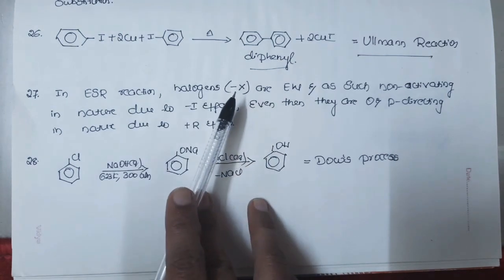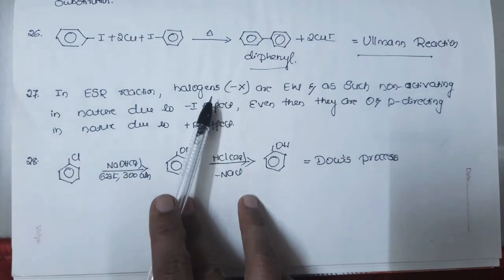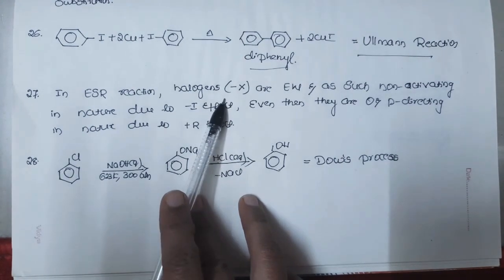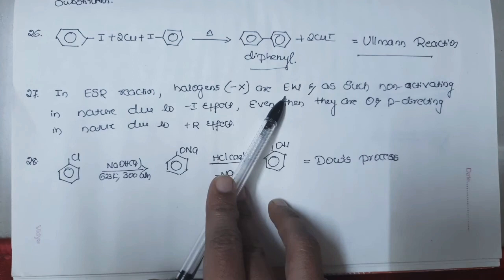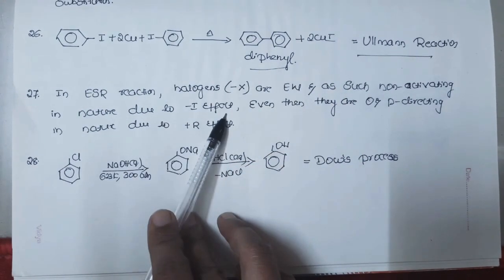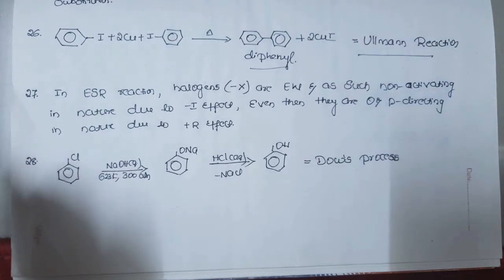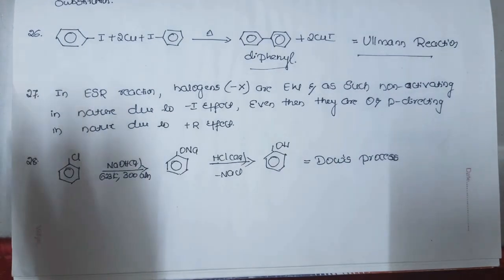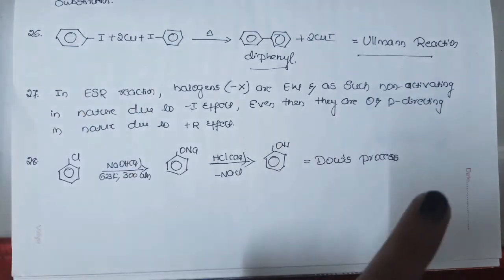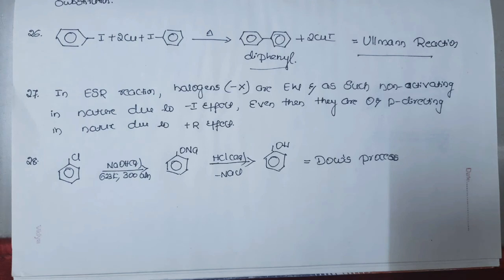If we are carrying out the halogenation reaction for the haloarene, the halogen groups are actually electron withdrawing, and as such are deactivating in nature due to the minus I effect. Even then they are ortho and para directing in nature due to the plus R effect. The product that we are going to get from the electrophilic substitution reaction of haloarenes is ortho and para substituted product.